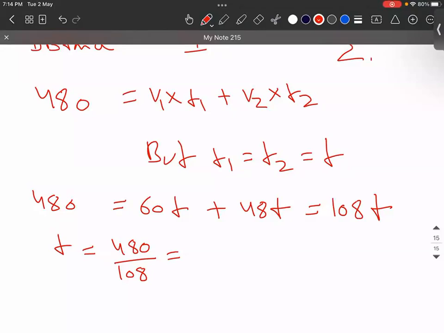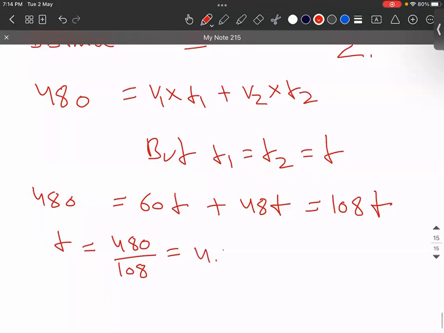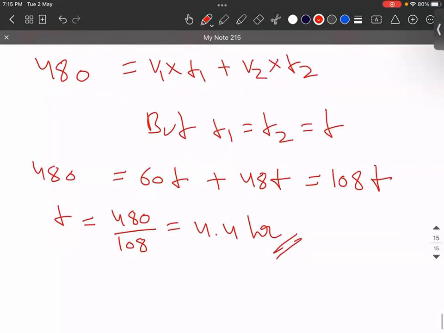No, you don't have to divide it by 60, because divided by 108, we actually get it in hours only. 480 divided by 108 is 4.4. Okay.